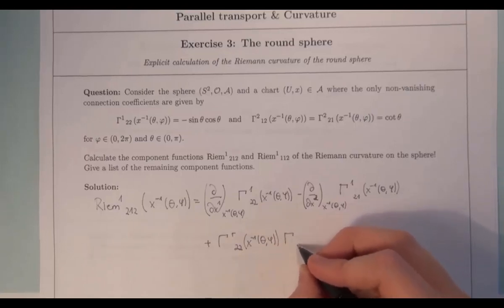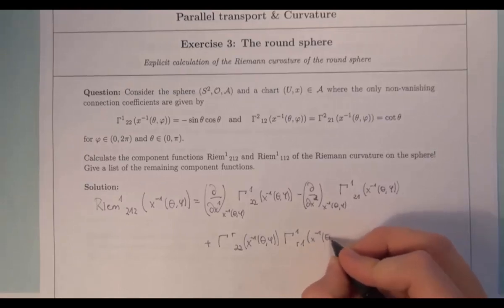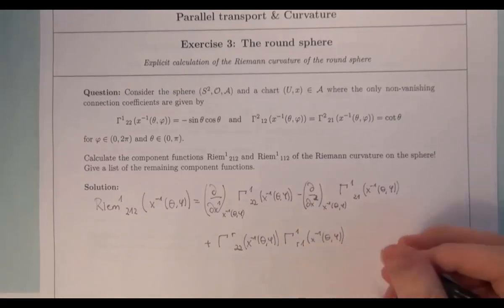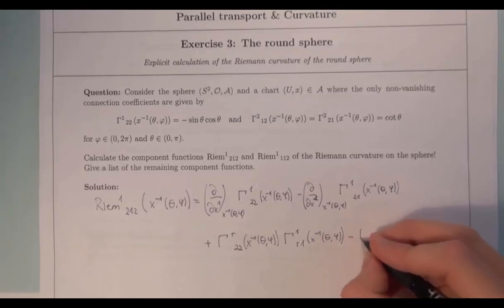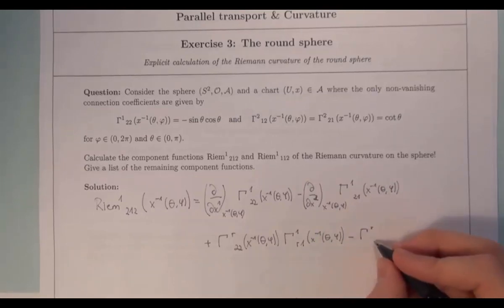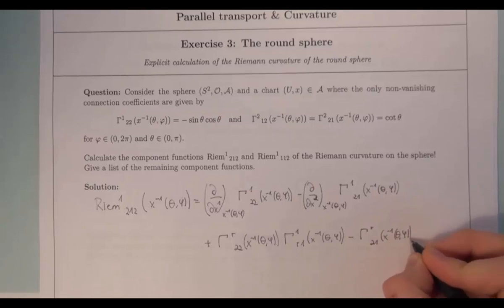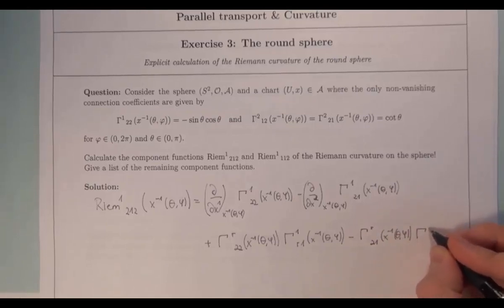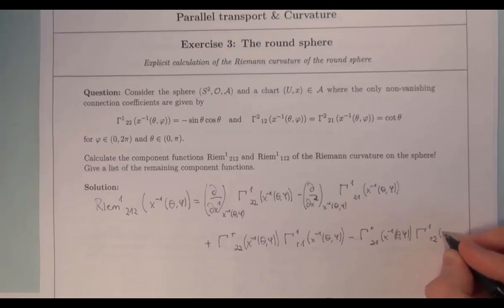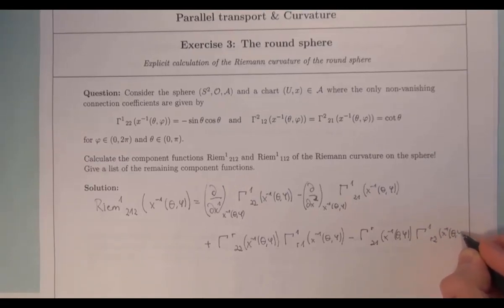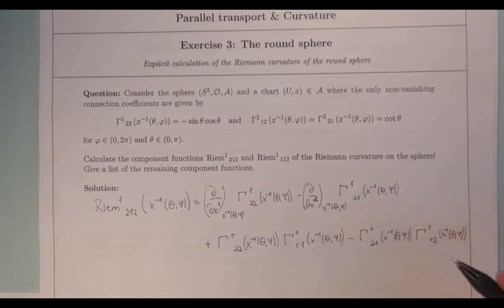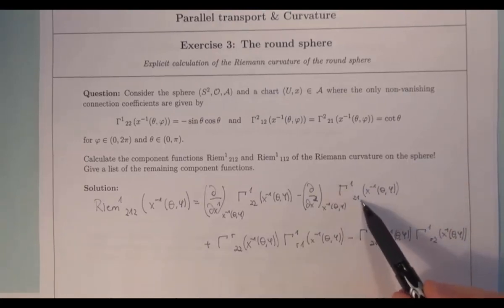And we get gamma, the r stays here, 1 and 1, also on x inverse of theta and phi. And we get a minus, the r has to stay for the moment. We get 2, 1 at x inverse of theta phi, and gamma 1, r, 2 at x inverse of theta and phi.